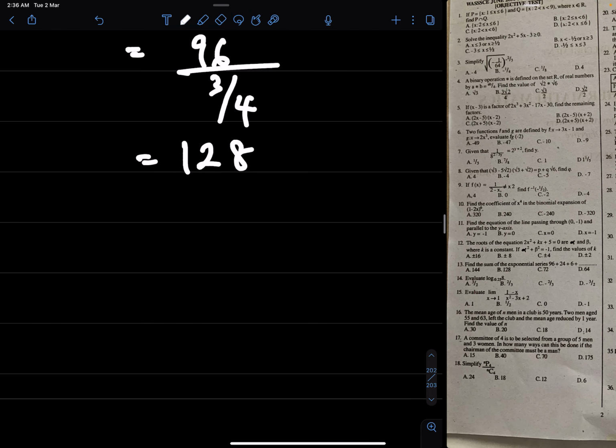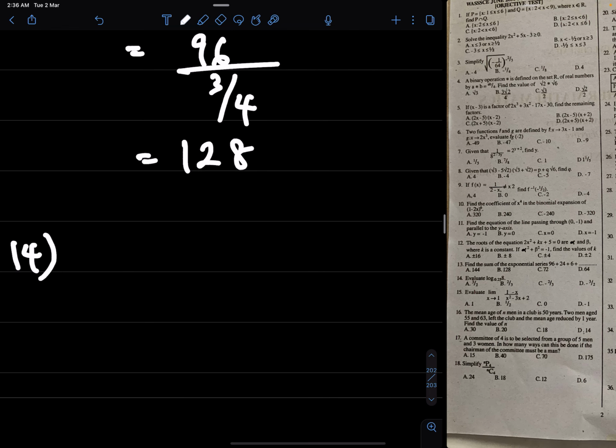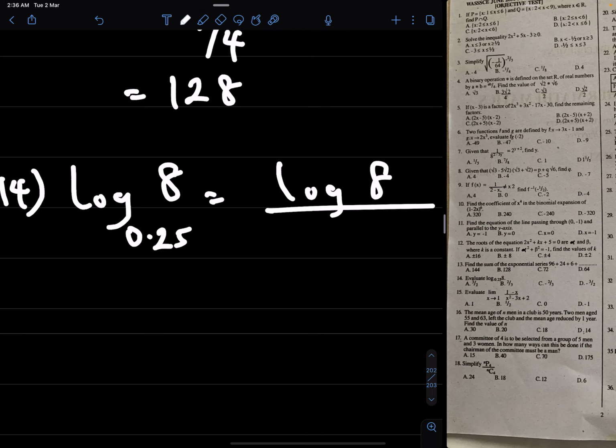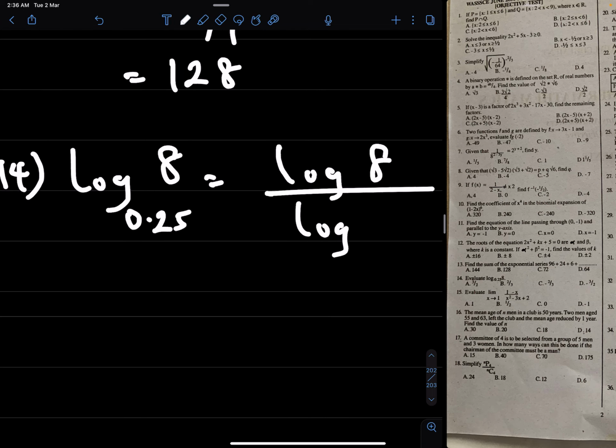What does number 14 say? Number 14, evaluate log 8 base 0.25. This is the same as log 8 divided by log 0.25, which is the same as 1 over 4. That's log 1 over 4.